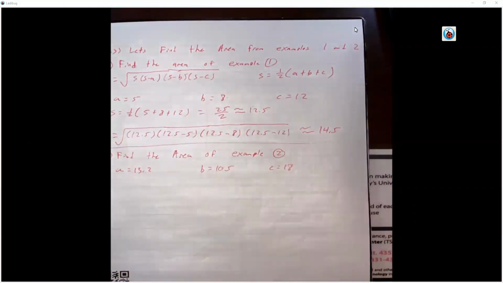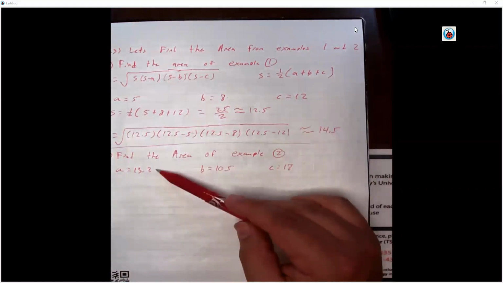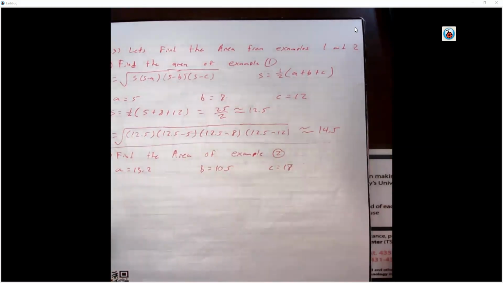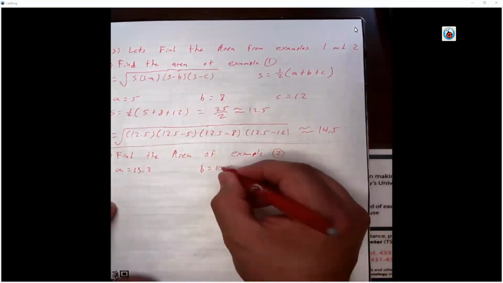Okay, so we found 13.2. Now, on the exam, let's say you messed up on A. But if you do the work or you show me the formula, I'll give you partial credit, right? Don't leave it blank just because you couldn't find an A. Give me something. Don't mess yourself up like that. Is that 10.5? 10.5.